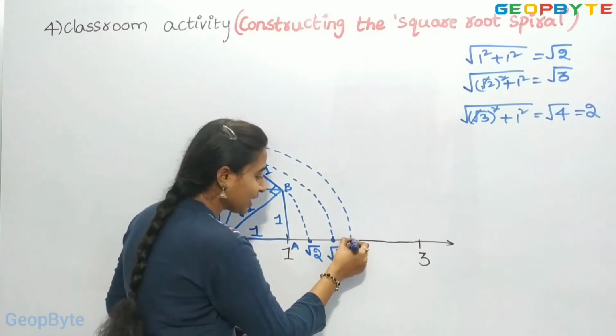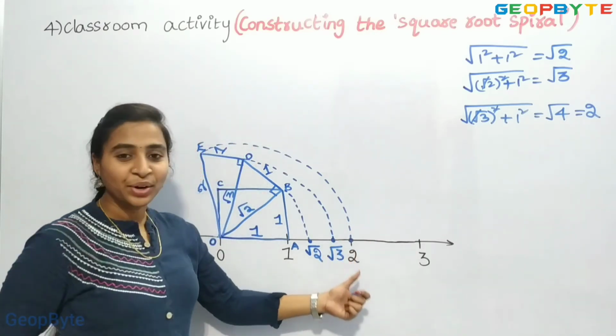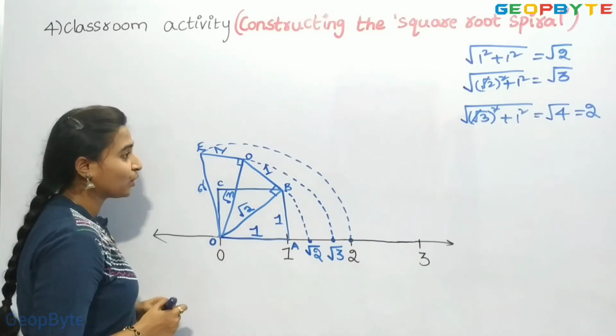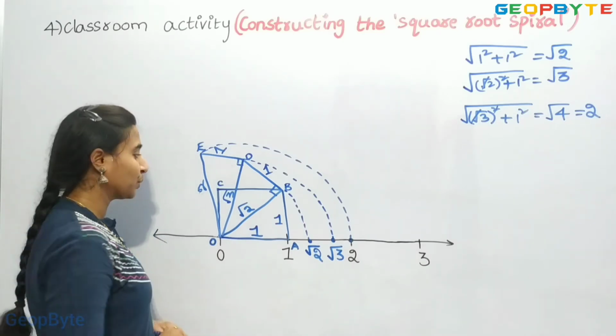Yes, it is at the point 2. Root 4 is nothing but 2.